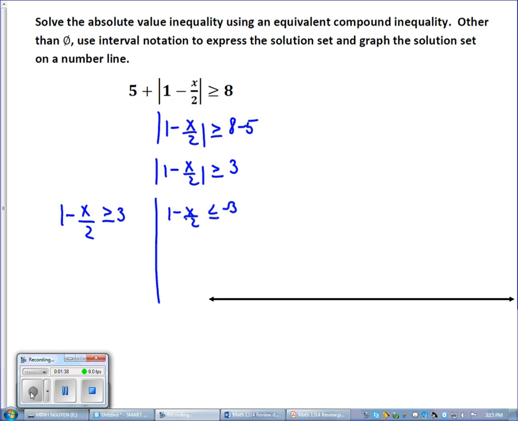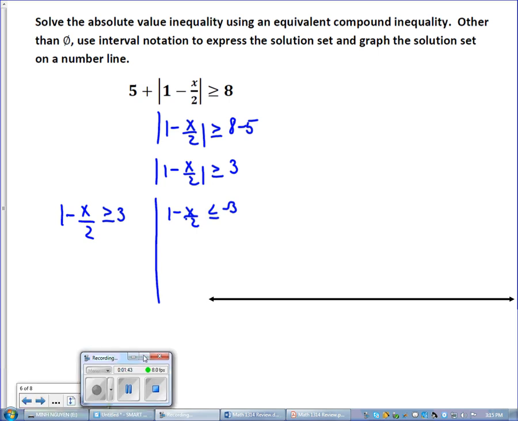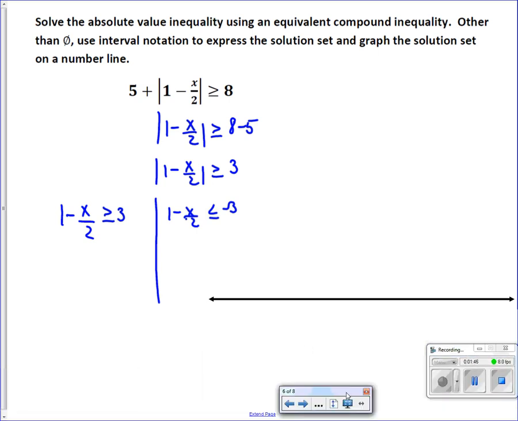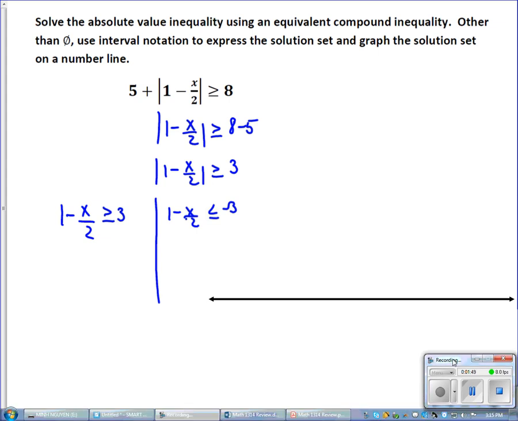Doing the first one, where we have (1 minus x) over 2 is greater than or equal to 3, we're solving for x, so let's get x by itself. First, subtract 1 from both sides. So we have negative x over 2 is greater than or equal to 3 minus 1, which is 2. Next, you can multiply or divide by a negative, but whenever we do either one, we have to change the direction of the inequality.